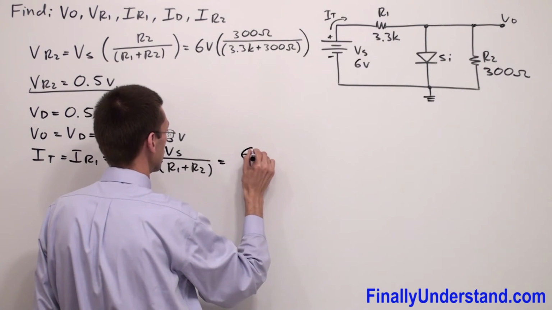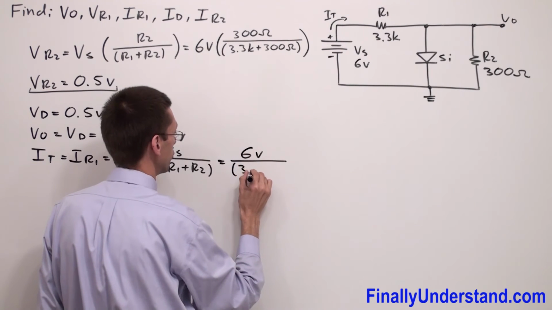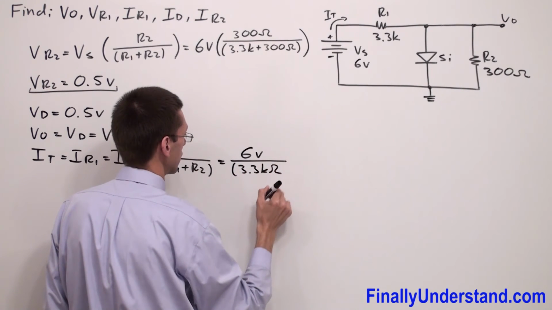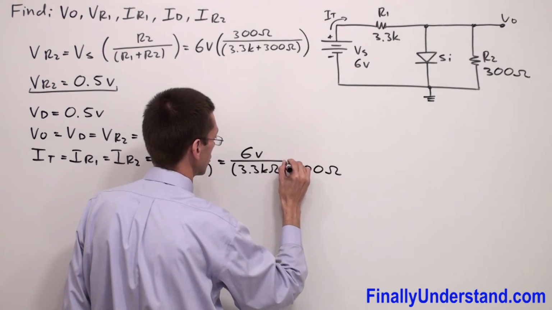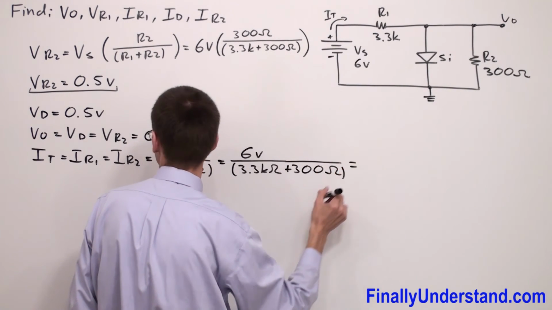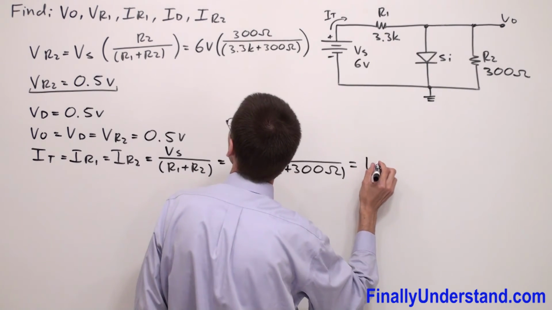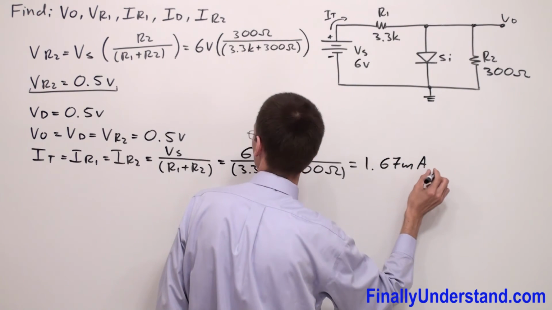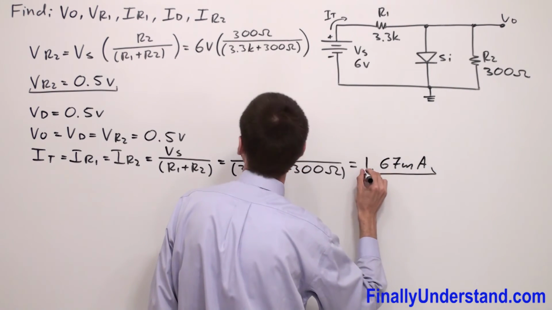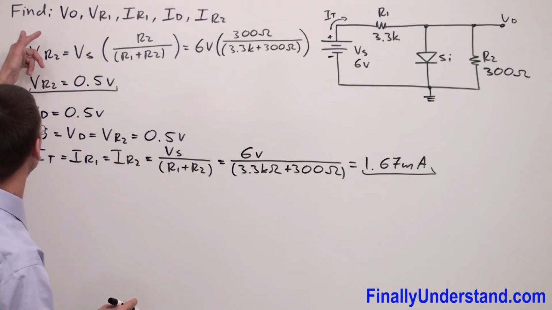The voltage source is equal to 6 volts, and we have resistors 3.3 kilo ohms plus 300 ohms, and my total current is equal to 1.67 milliamps.